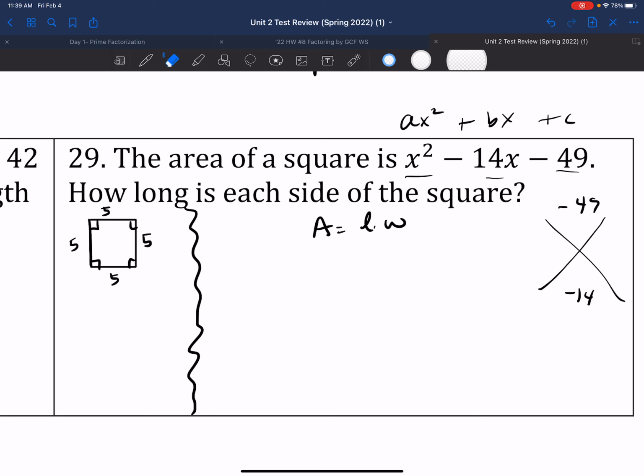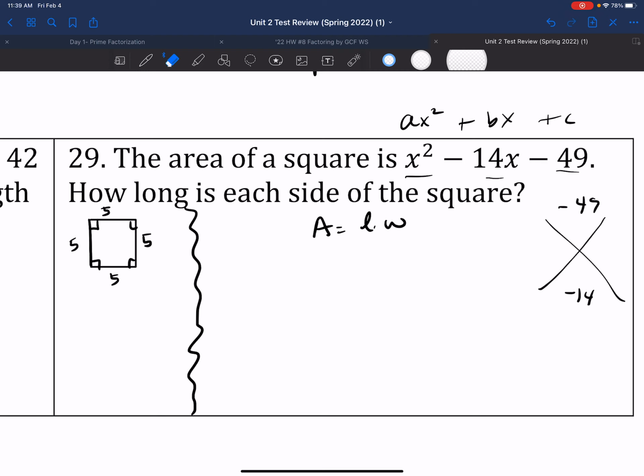Let me think. 49 divided by 3, 49 divided by 6, 49 divided by 7, 49 divided by 12, no, that's not right. 49 divided by 13, let's try 13. No, 49 divided by 16. 49 divided by 17.